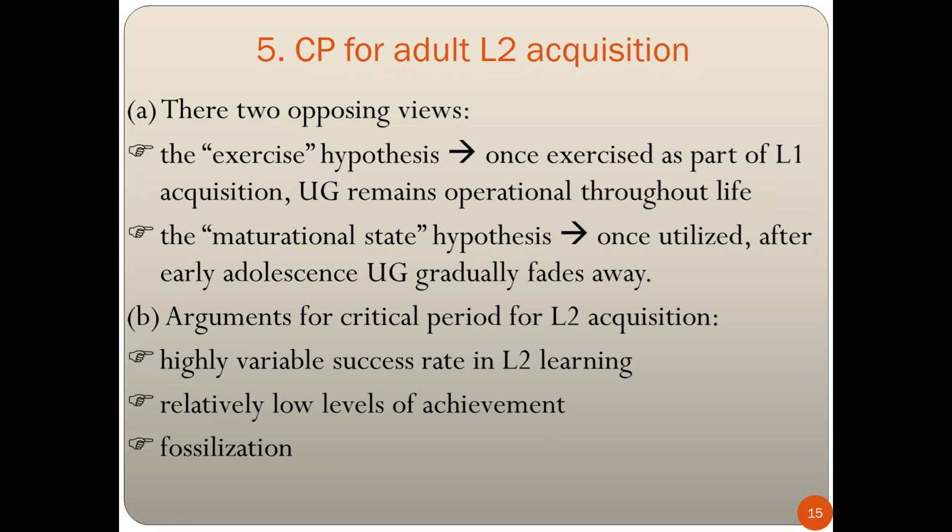Also, this is something that we find in second language acquisition, which has the disagreeable term of fossilization. Fossilization refers to the fact that with the vast majority of second language learners, there comes a point that the learning stops.